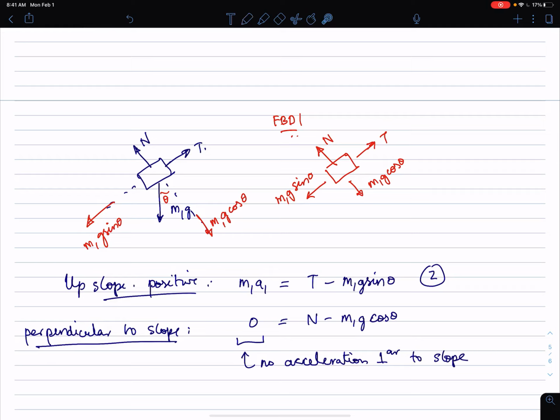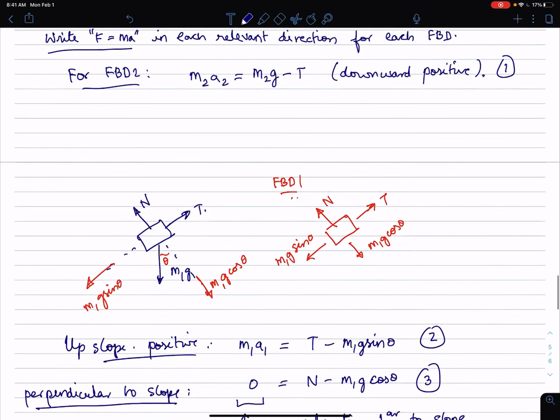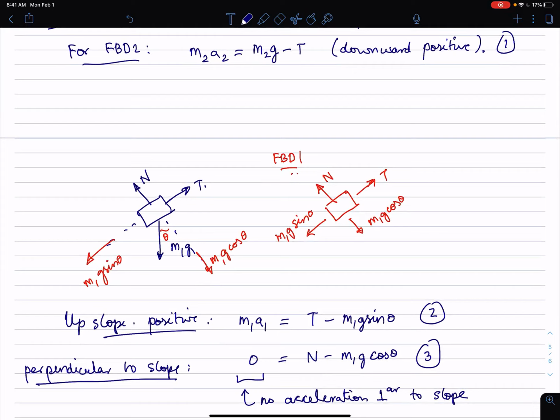This symbol means perpendicular, as you may know, okay? So that's equation number 3. Okay, so now we've written the free body diagram and the F equals ma for all free body diagrams that we care about.